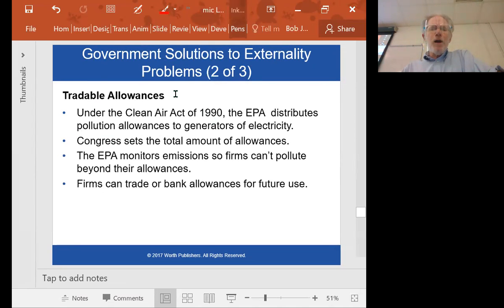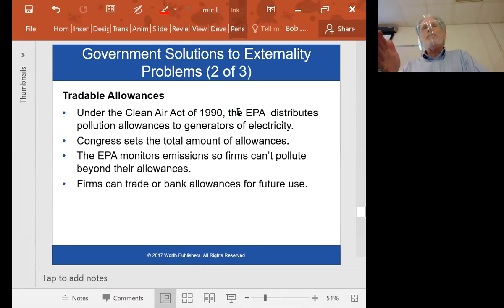And then the third option, or third government solution, tradable allowances. Under this legislation, which most economists would say is much preferable to the command and control option, the government decides how much pollution we're going to allow. However much reduction we want implies a certain amount of pollution we're going to continue to allow.